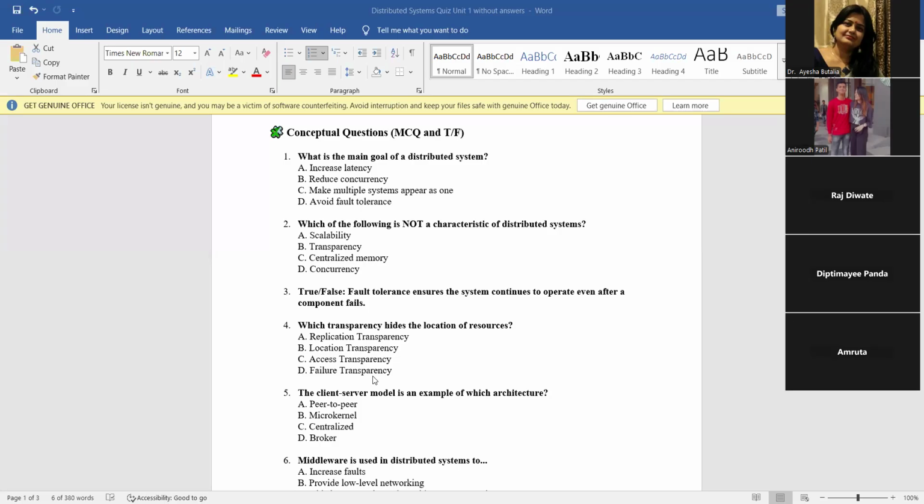Okay, so fourth question, what transparency hides the location of resources? Yes, so the answer is correct. Location transparency. Here the name itself is location, so it's easier. Last time we said that transparency has two meanings. Suppose five servers are connected to each other; last time we took the example of a telephone exchange.